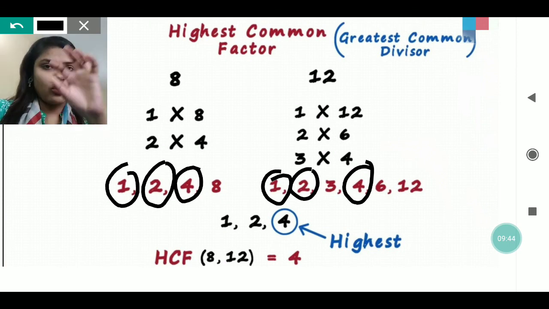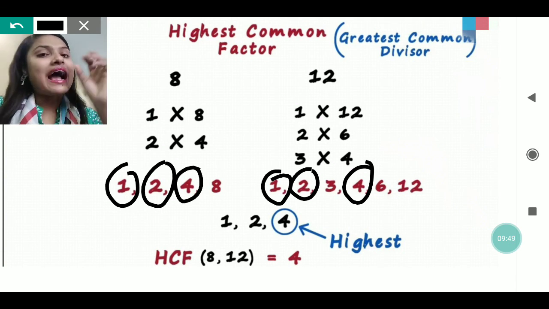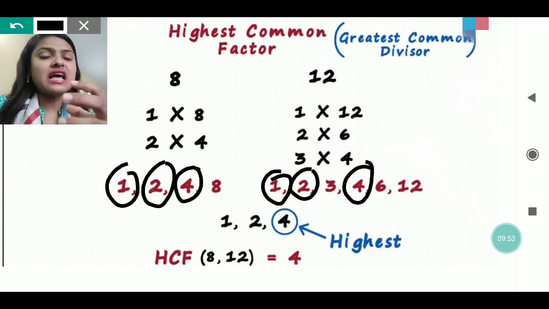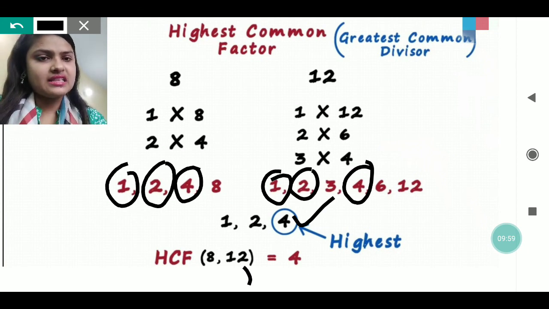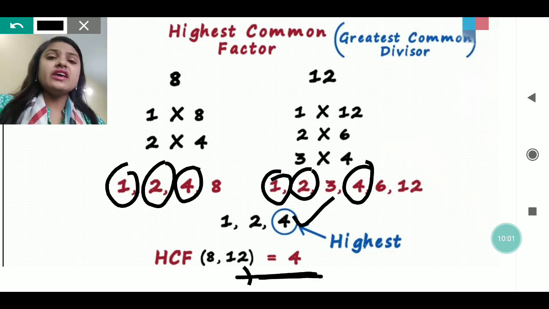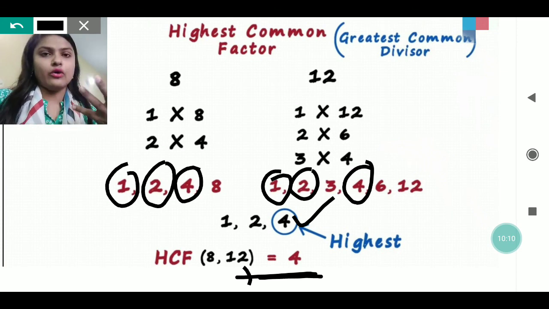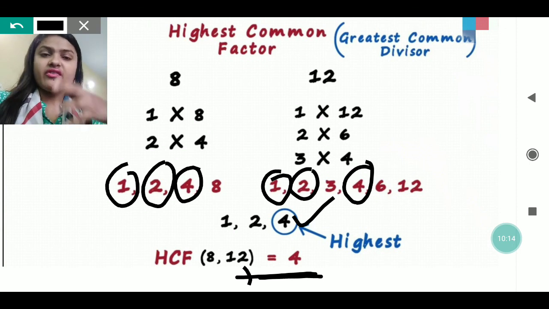From the common factors, you find the highest common factor, the number having the highest value. Which number has the highest value? 4. If it is asked to write the HCF of 8 and 12, then 4 is the HCF of 8 and 12.